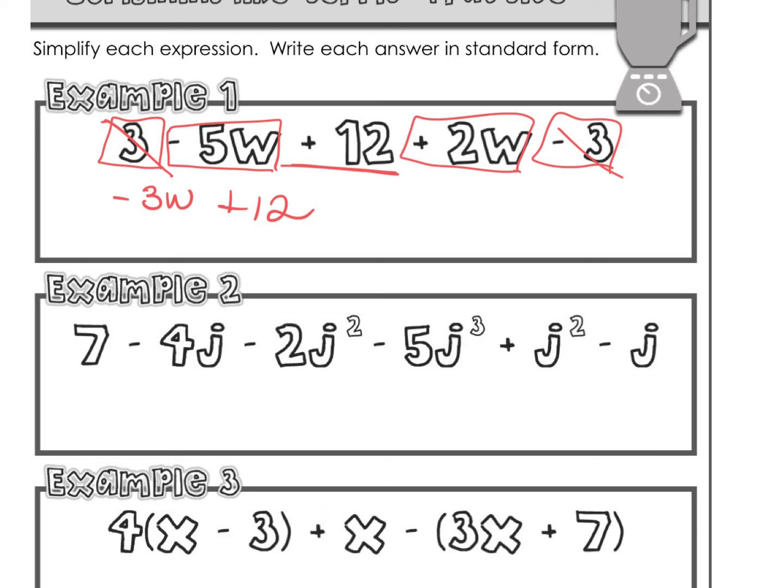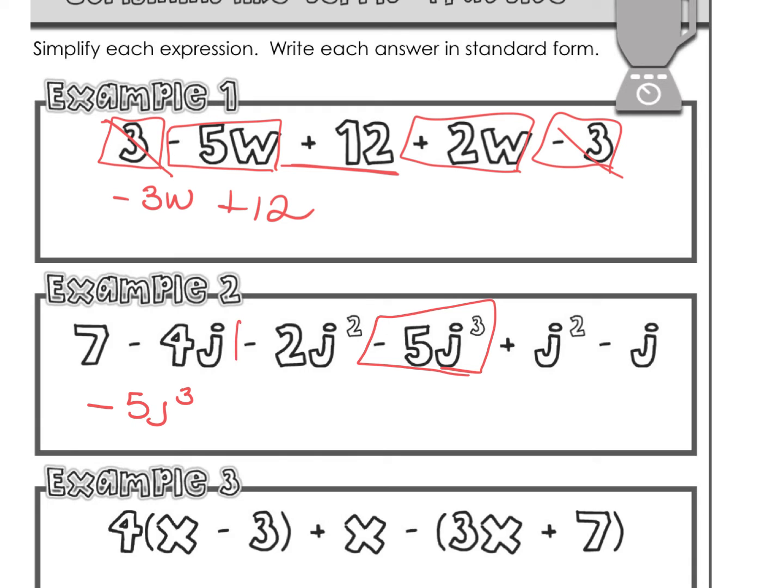In example 2, we have a negative 5j to the third. That power, that degree, is higher than the j squared one. So that goes in the front, negative 5j to the third.